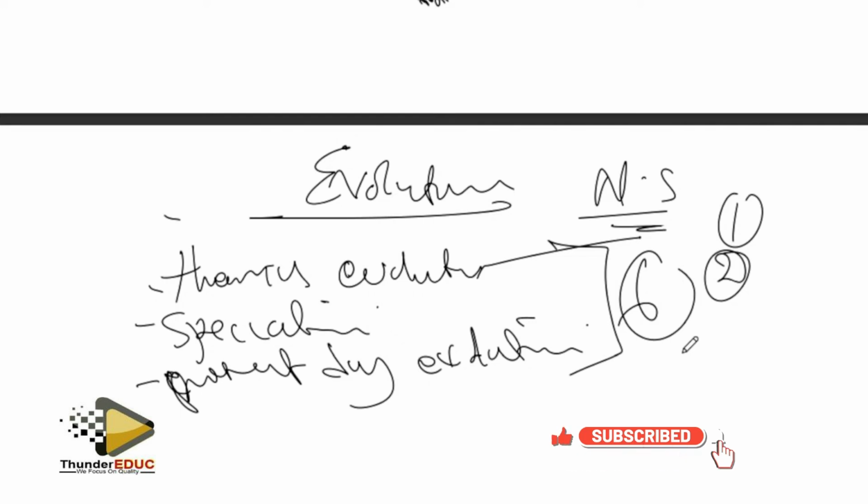But if you are using natural selection, you have to start with variation among the elephants: those with long trunks and those with short trunks. Those with long trunks could survive, because they could defend themselves and reach the tall tree plants, while those with short trunks could not survive.